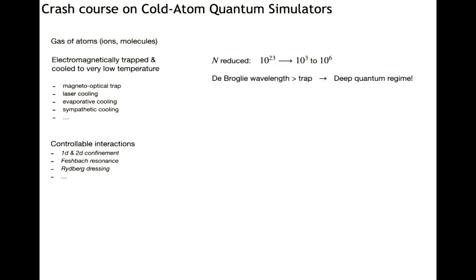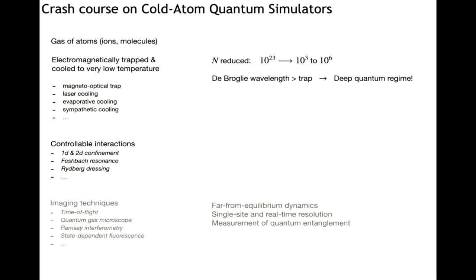And this is an important step in the realization of a quantum simulator, because remember what I said before, we have to be able to tweak the native interactions of the Hamiltonian to mimic the behavior of our preferred system of interest. Of course, the atoms are just atoms. They don't know that they have to simulate the relativistic heavy ion collision, right? So we have to do something for that. Okay, so we can control interactions, and experimentalists also developed very advanced imaging techniques.